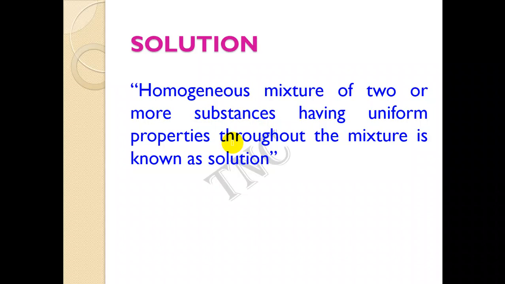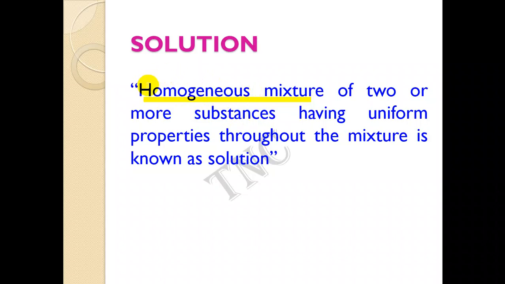Then what is meant by solution? What exactly is the solution? Look at this definition. It says that a homogeneous mixture of two or more substances. So this is a clear definition for a solution. What is this homogeneous?